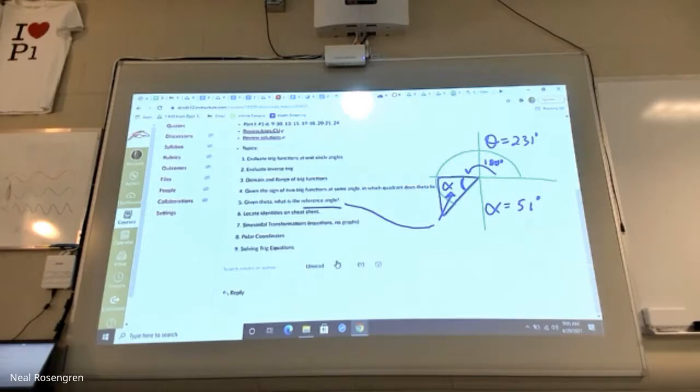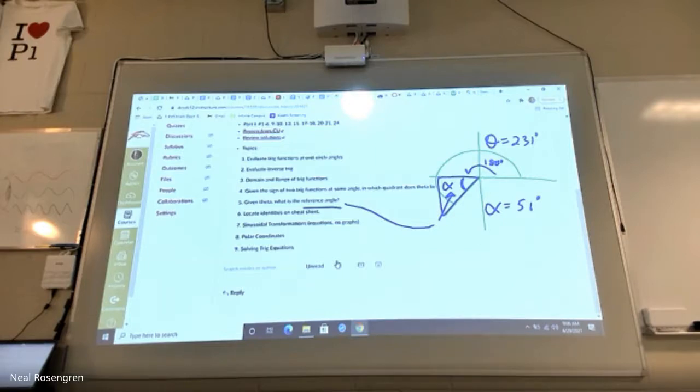And I usually just draw a picture, and then I feel like everything that's geometrically trigonometric, all the stuff we can draw pictures of, makes it a lot easier to worry less about, oh, there's a formula for this, and I can do 231 equals 180 plus alpha and solve for it.